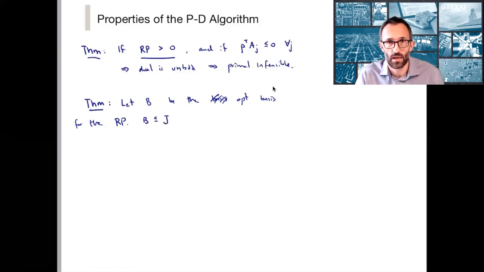Those are the only ones that are allowed to be in the basis. But also we had a bunch of auxiliary variables, M auxiliary variables. So B is a basis of those. Again, if B is only a subset of J, then we stop, because that means that all of the auxiliary variables are set to 0 and we've satisfied complementary slackness.